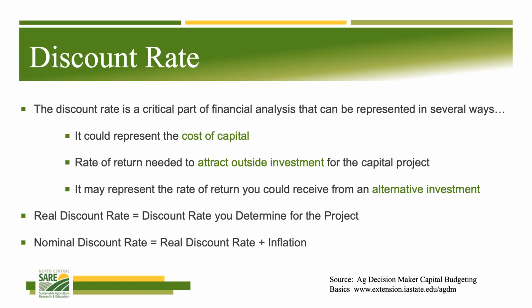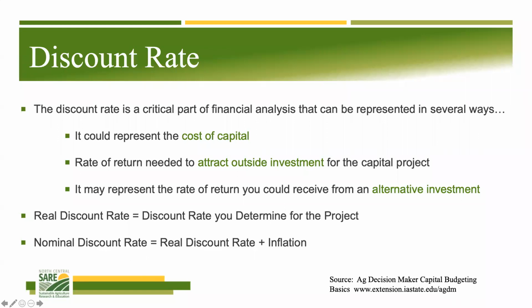Now, the model is going to automatically default. I think right now they're at 6% or 6.4%. They adjust that over time based on what activity they're seeing in the solar market. So I think that it's a good starting point. One thing to keep in mind as you look at the SAM model as it applies to a discount rate is the real discount rate is going to be simply the discount rate that you would select for the project.